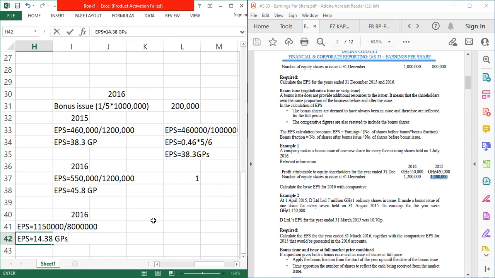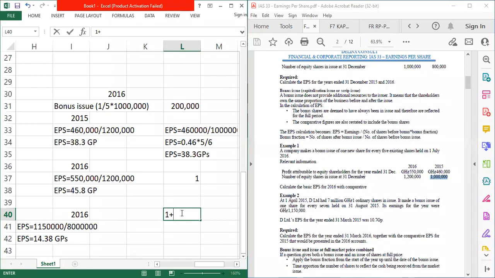Another way of calculating the 8 million straightforward is to add 1 to the bonus issue fraction, which is 1/7, isn't it?